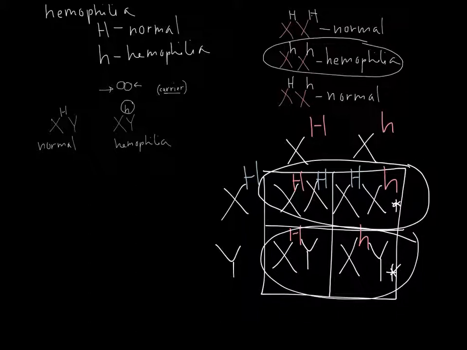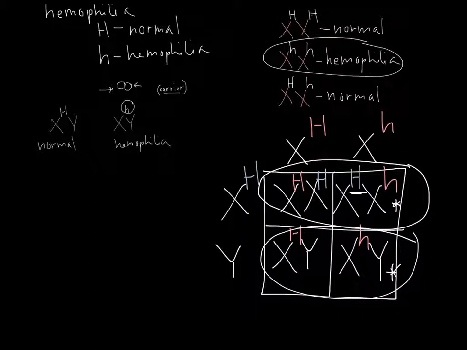So this shows you why males have a higher chance than females do. Because females still kind of have this backup plan that they could get a dominant that will overpower the bad allele.